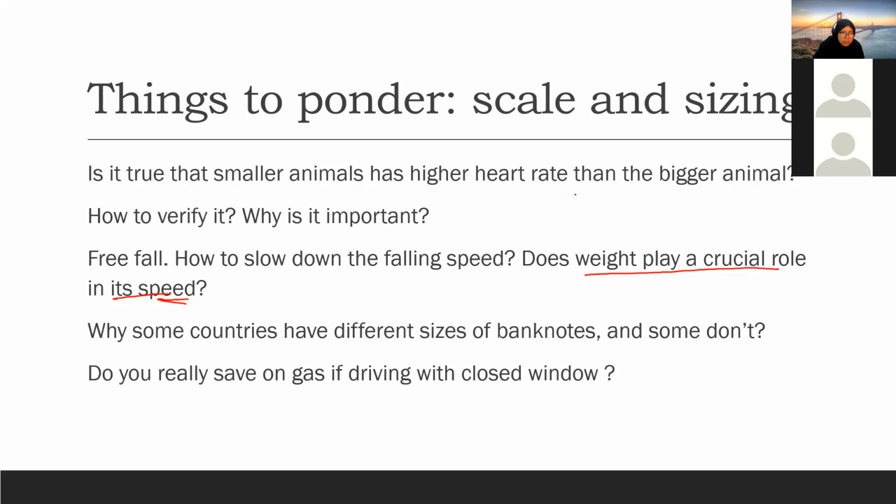If you put an elephant or a cat, kalau dia jatuh, dia akan jatuh dengan kelajuan yang sama. But what are the differences? The difference is going to be the impact, the power that is produced, because power is based on the weight. The momentum is based on the weight. Tak ada masalah untuk speed, dia sama, but the difference is the momentum.